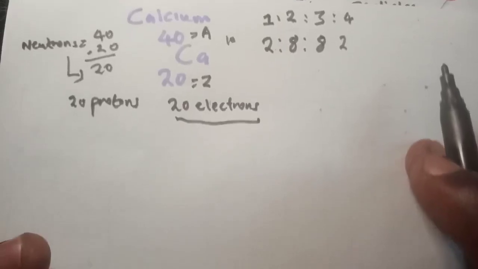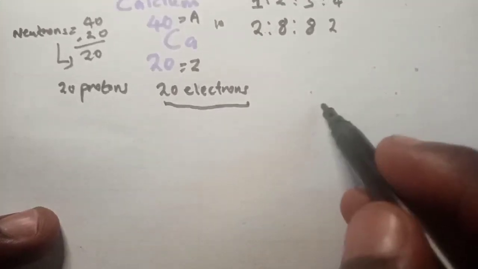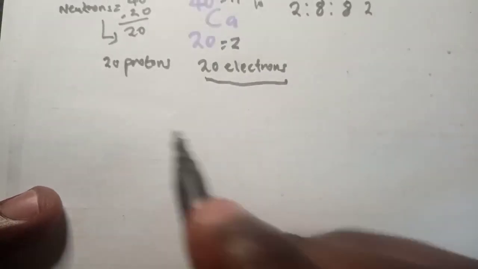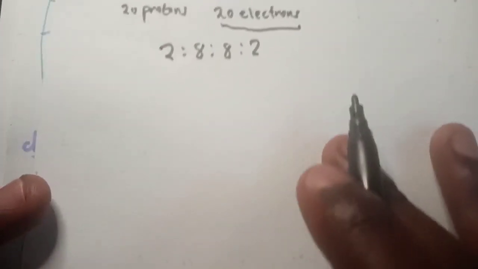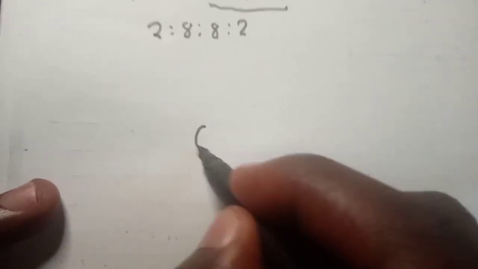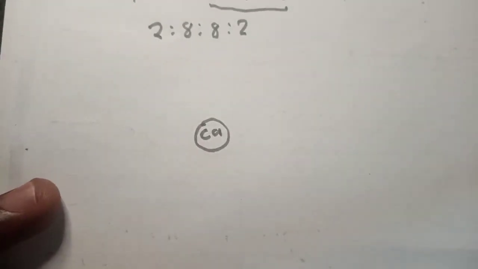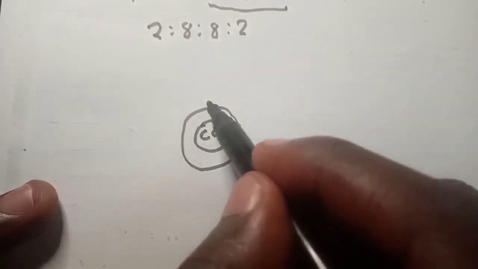So let us see how we can draw this. The electronic configuration is 2 8 8 2. That's how we're going to do this. We write the nucleus with the symbol for the element calcium. Shell number 1, 2 electrons.